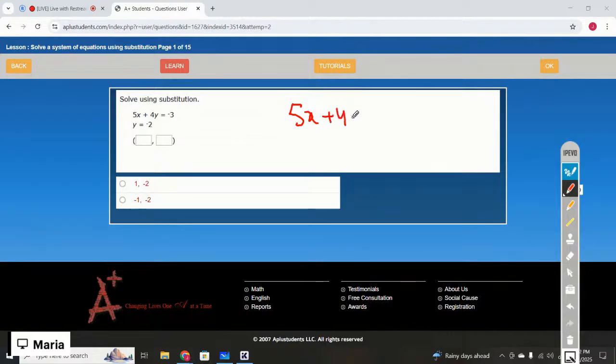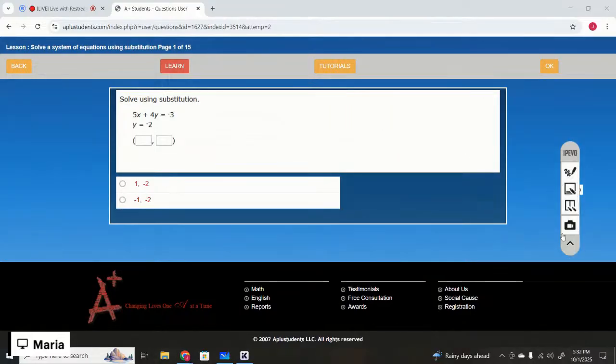So 5x plus 4 times negative 2 equals negative 3. 5x minus 8 equals negative 3. So 5x equals negative 3 plus 8. So 8 minus 3 is 5. 5x equals 5. So x equals 1. So that is 1 and negative 2. Option number 1 is the correct option. That is 1 and negative 2.